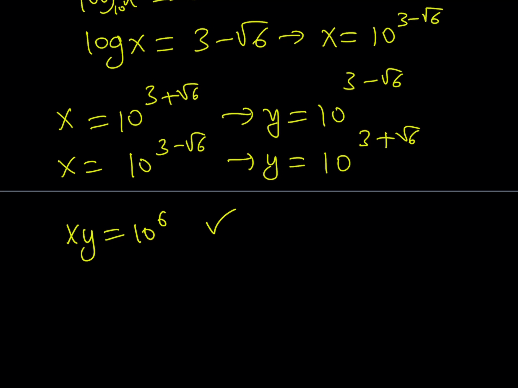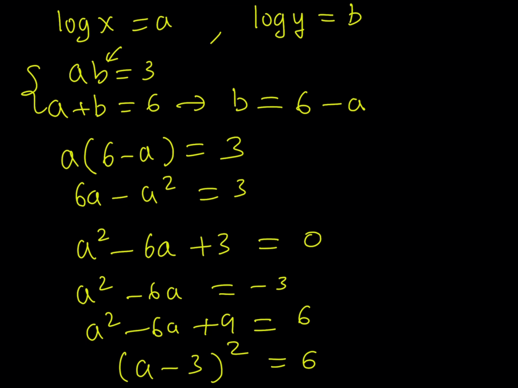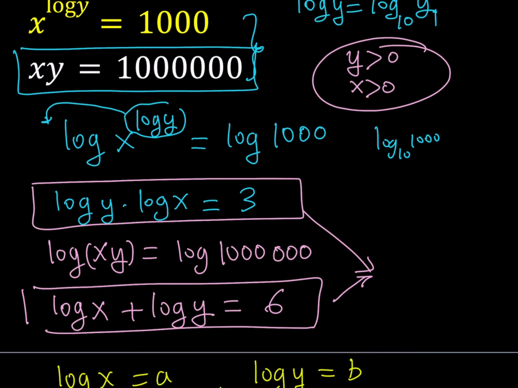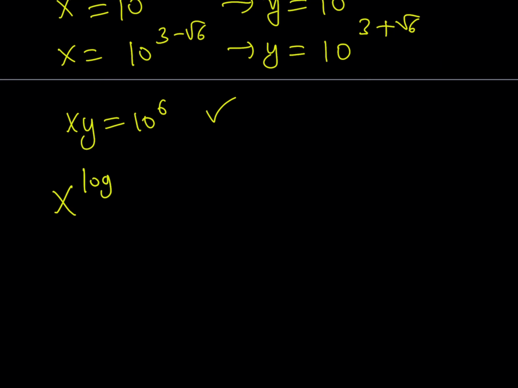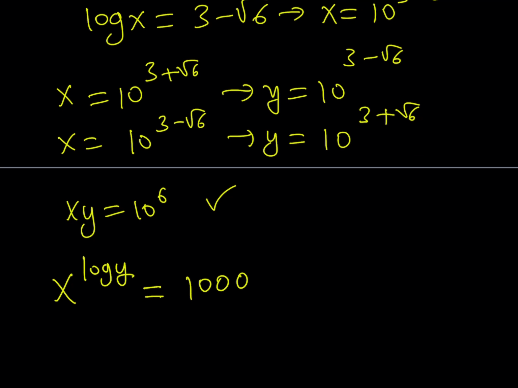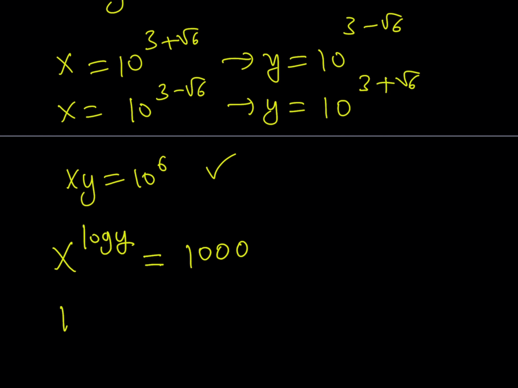But what about the second equation? I mean the first one, right? Is that the first one? I think so. Okay, the first equation gave us x to the power log y, right? So let's go ahead and check that one. If you have x to the power log y is equal to 1000, is that going to be satisfied as well? Let's go ahead and check it out. So in the first case scenario, I have 10 to the power 3 plus root 6, and I'm raising it to the power log y.